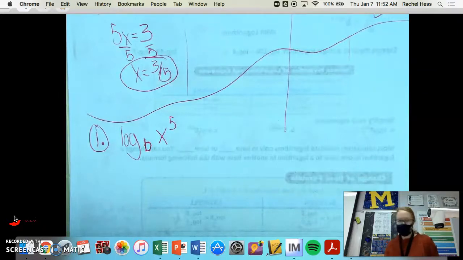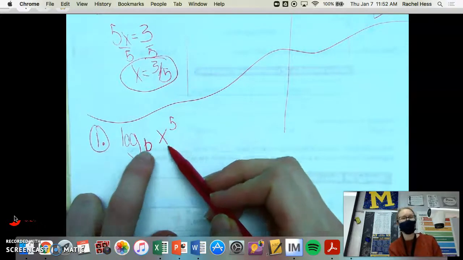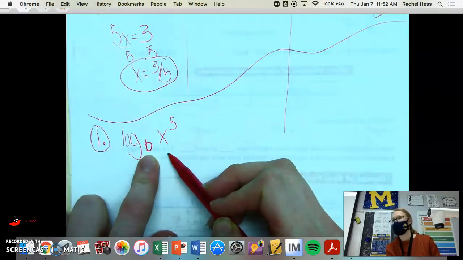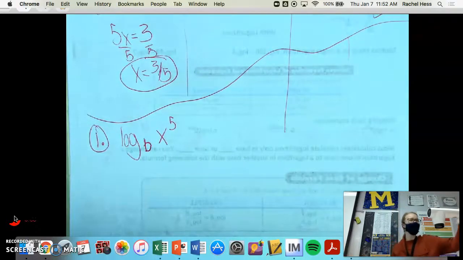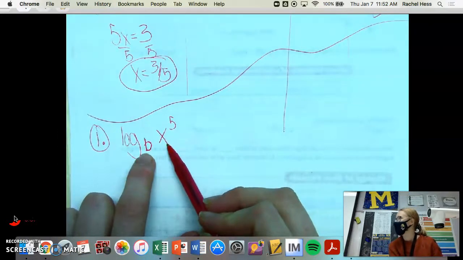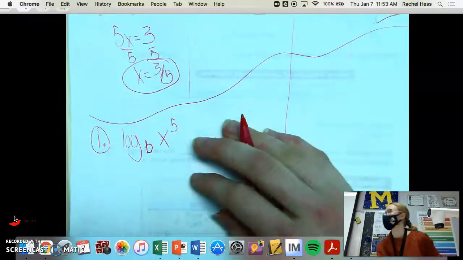Sorry, guys. Anyway, log base b of x to the 5th. Do you see how these don't match, so they won't cancel, right? So, like I said, these won't cancel because they don't match, right? And we don't know b to what power gives me x to the 5th power. That doesn't make sense, right?